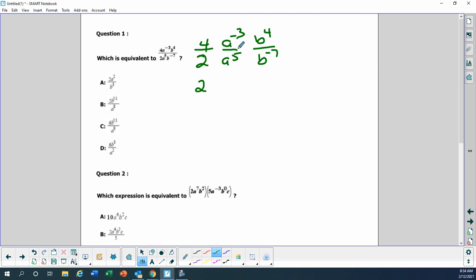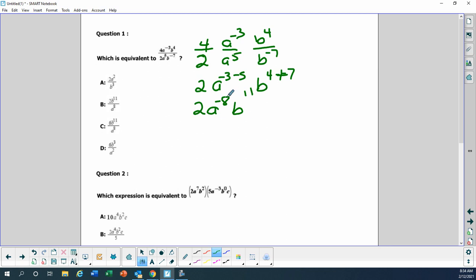Whenever I have a fraction, it's subtraction. So a to the power of negative 3 minus 5, and b to the power of 4 minus negative 7, so this ends up being positive. This gives you 2a to the power of negative 8, b to the power of 4 plus 7 is 11.